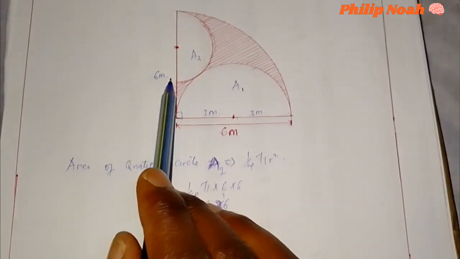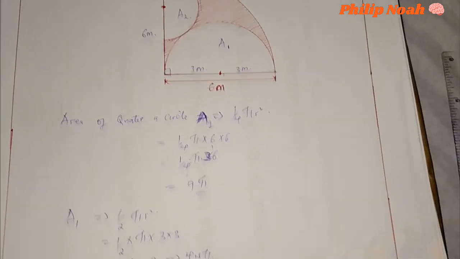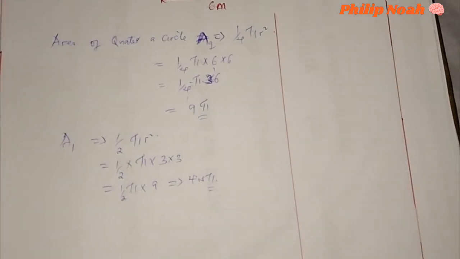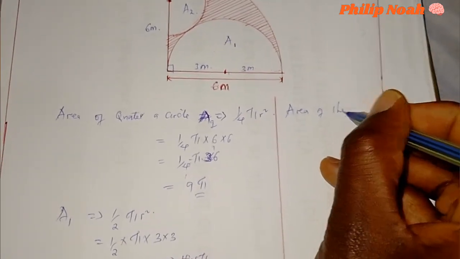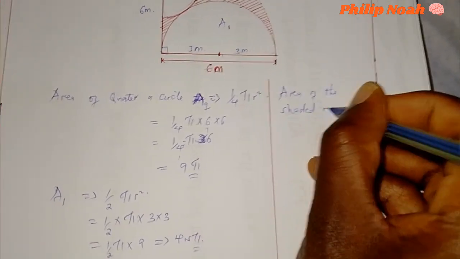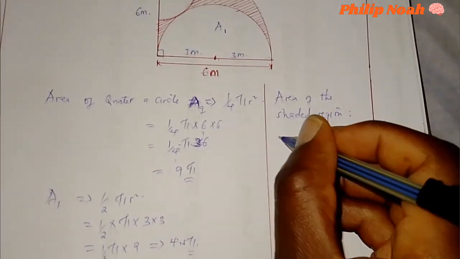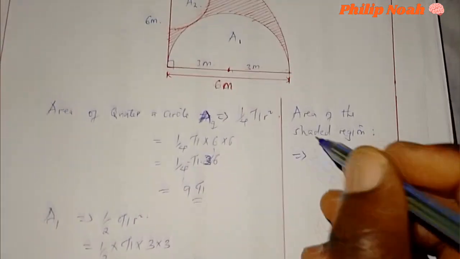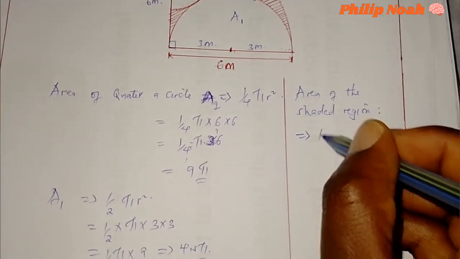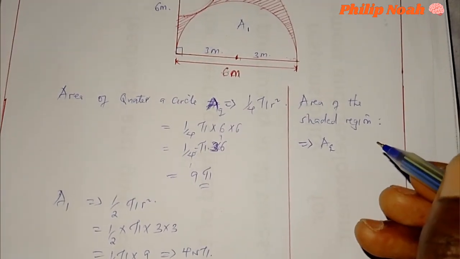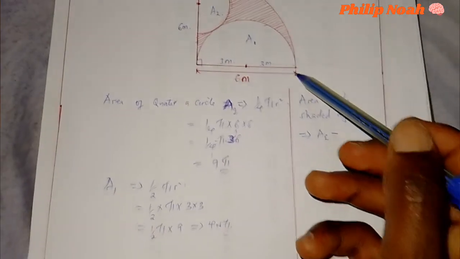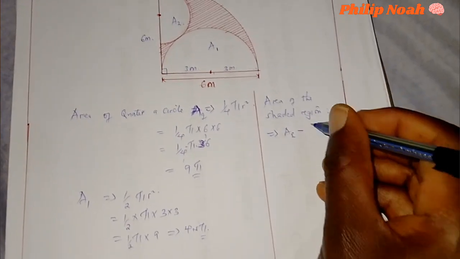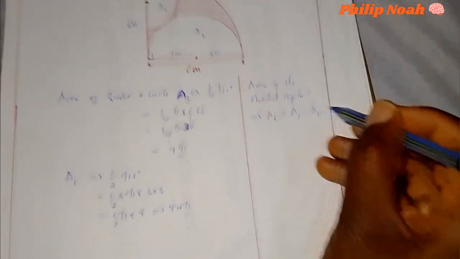Okay. Then what's the area of the other one? Remember, I have said that for us to get the area of the shaded region, it equals the area of a quarter circle, which I have said is AQ, minus the area of this semicircle here, that's area 1, minus area 2.